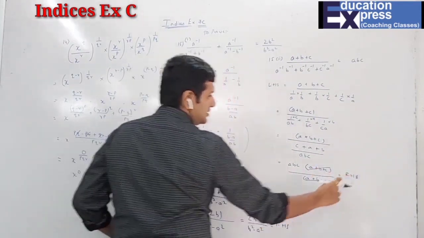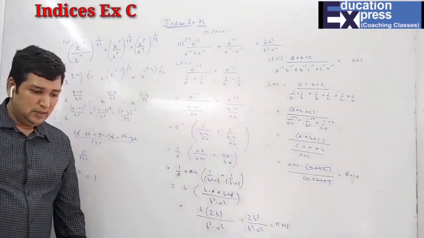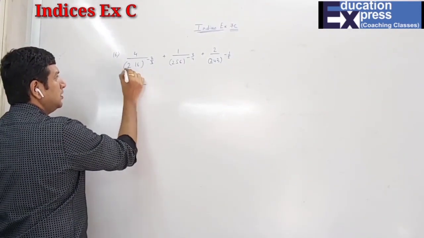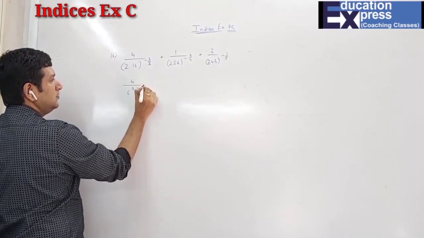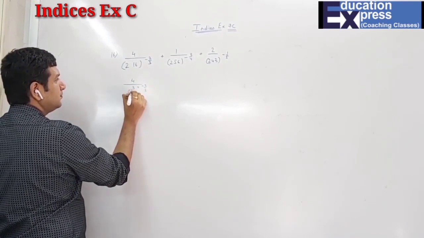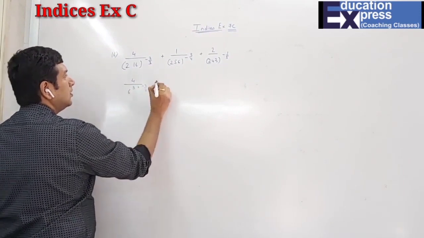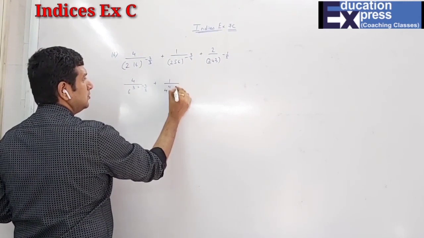And now we'll start with the last question, question 16. And it's very simple. 216 is the cube of 6, so (6 cube) raised to minus 2 upon 3 plus 1 upon 4 raised to 4.